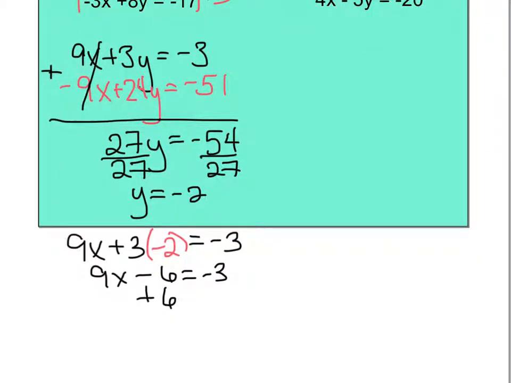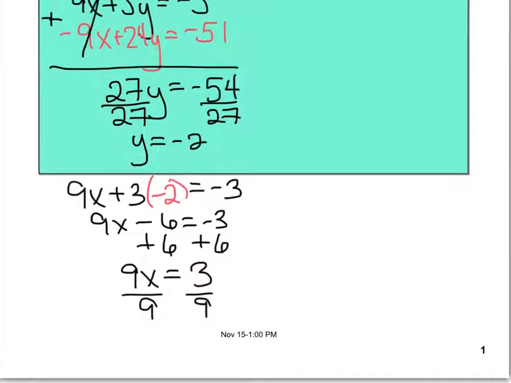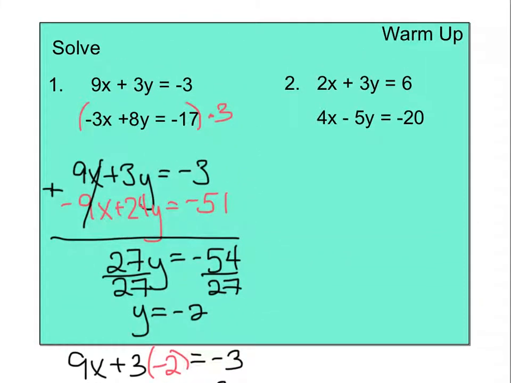Add 6. 9x equals 3. Divide by 9. Well, 3 divided by 9, we can write that as 1/3. So my ordered pair, my solution, would be 1/3 and negative 2.